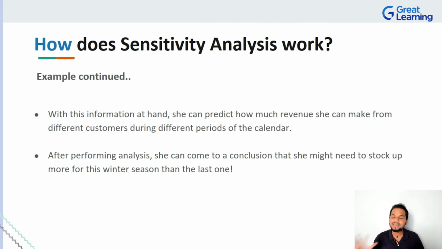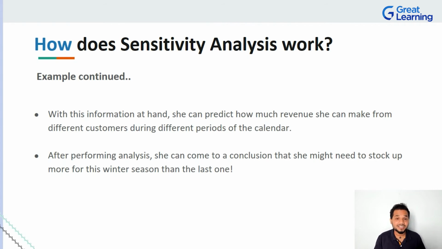So with all this information at hand, she can accurately predict how much revenue she's actually making from different customers at different months. She can pick up all the customer data from summers, she can pick up all the customer data from winters, and she can come to a conclusion after performing analysis that says, hey, last season she sold 100 jackets in the winter season, and in the summer season, let's say, she sold somewhere around 20 jackets.